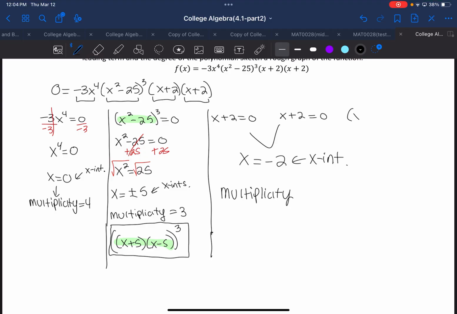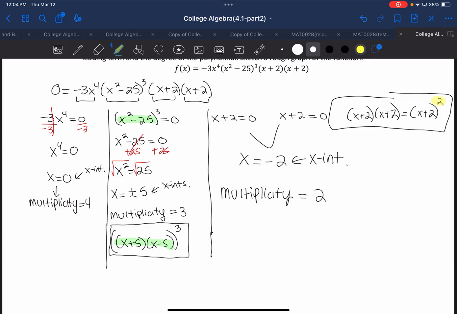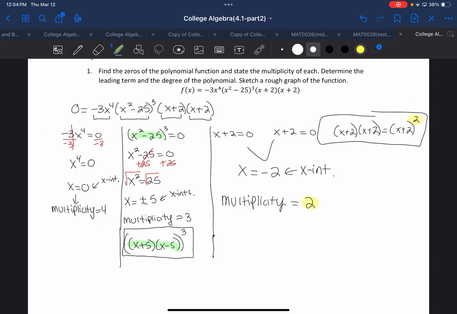And x plus 2 times x plus 2 is equal to x plus 2 squared. So the multiplicity is actually 2. So if they ever repeat a factor, you need to be careful of that. Make sense?